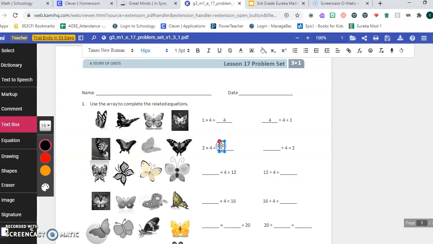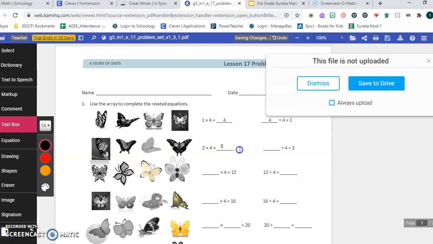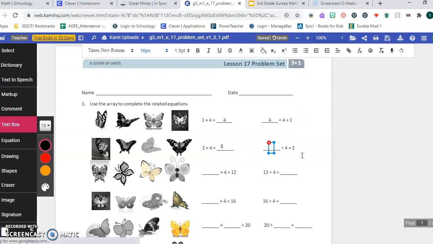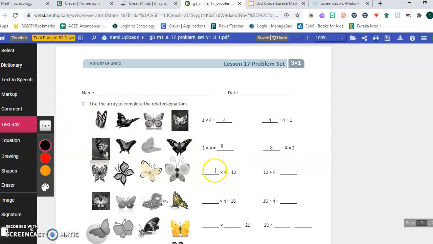So I'm going to put my text box here, put 8, and if I take 8 total items and divide it into a group size of 4, I end up with 2 groups. So right here I've got 8 total butterflies so far. If I divide them into groups of 4, I end up with 2 groups. So that's what that tells me here.